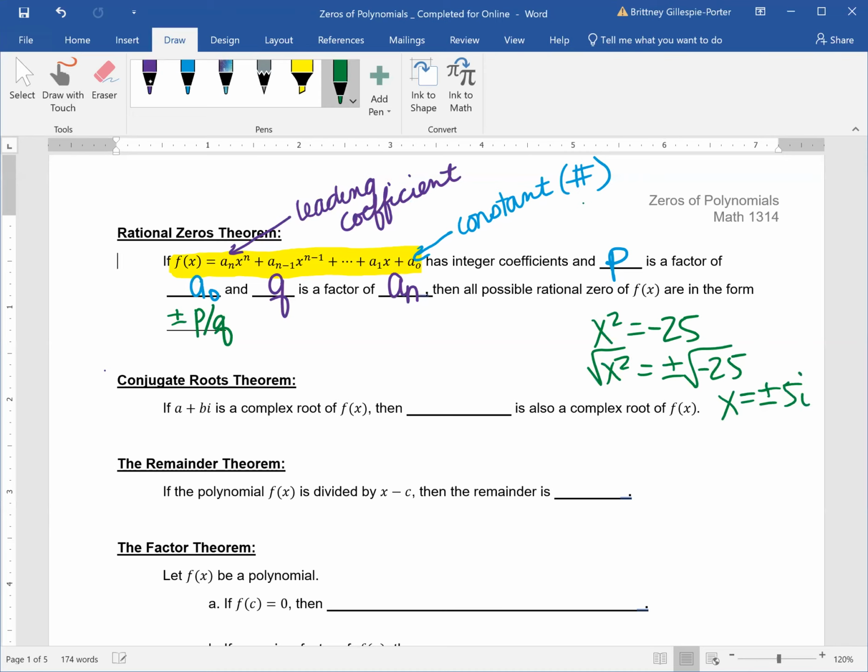The conjugate roots theorem is saying that if you have a complex root, a plus bi, then you automatically will have a minus bi, because the plus and minus go together just like they did with our square root property.